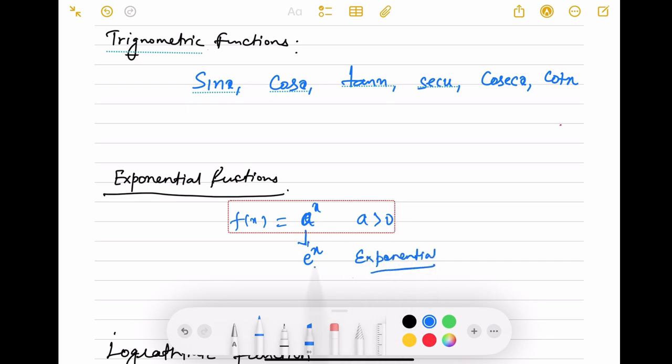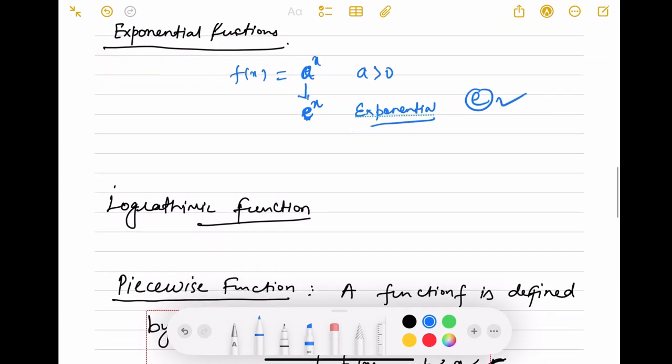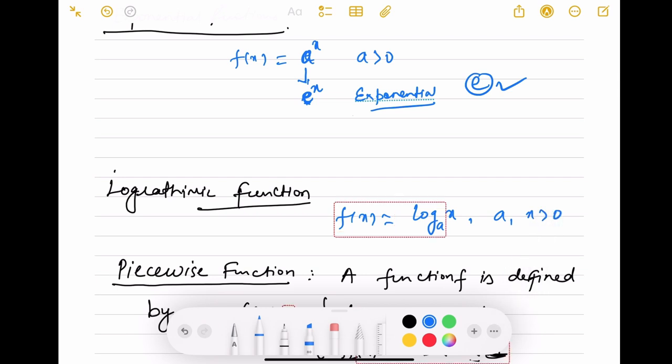Here e is an irrational number. Next is the logarithmic function, which is the inverse function of the exponential function. So f(x) = log_a(x), where a and x are both positive.